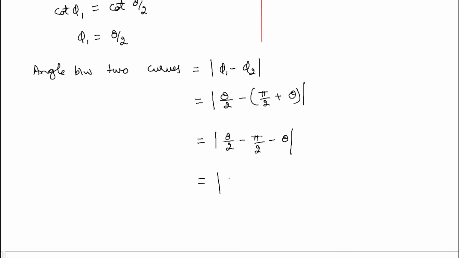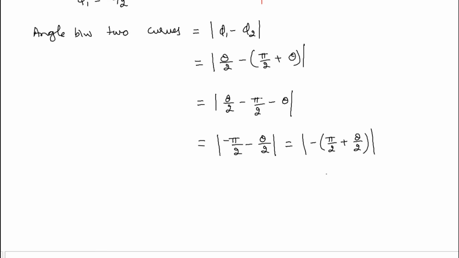So this minus pi by 2, I'll write as it is. Next we have theta by 2 minus theta, that is half times theta minus 1. So half minus 1 will be minus half, so minus half times theta, or theta by 2. If you take a negative sign outside, you will get pi by 2 plus theta by 2. But since you have a negative sign under modulus, it becomes positive. So you'll just get the positive value pi by 2 plus theta by 2. So that's the angle between the two curves.